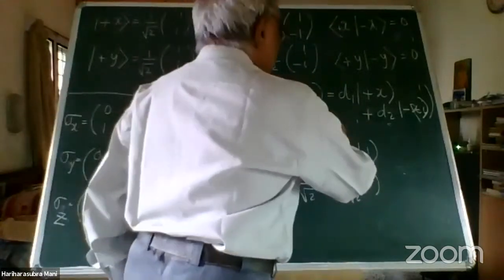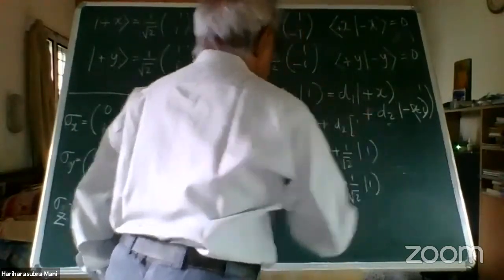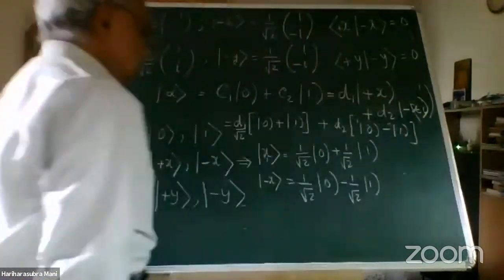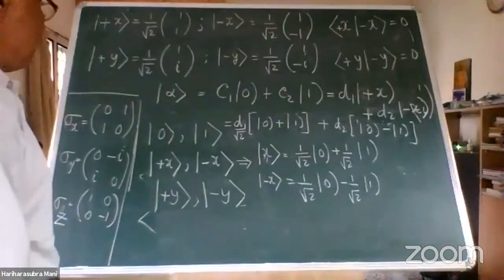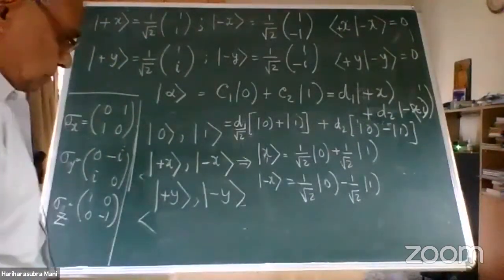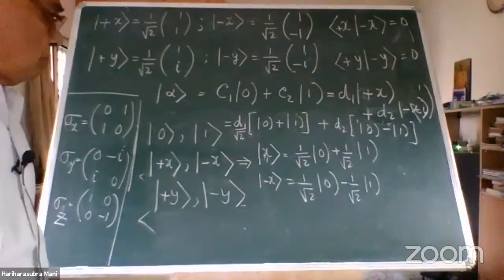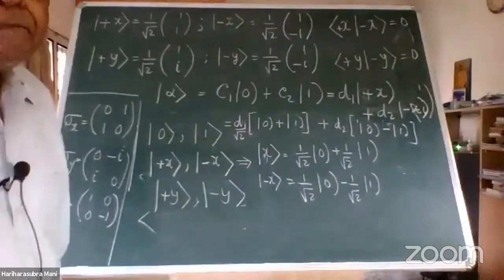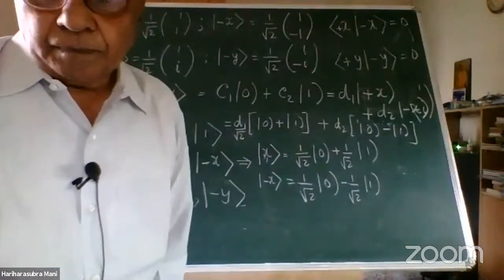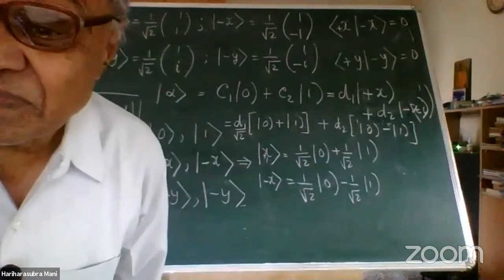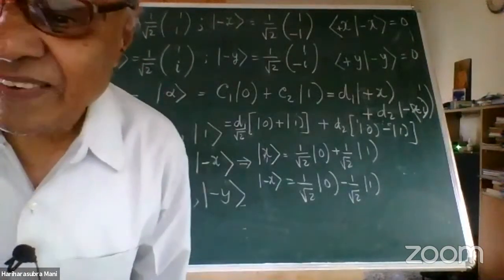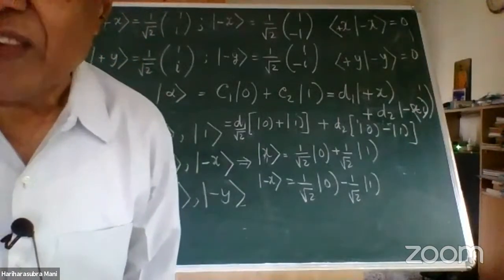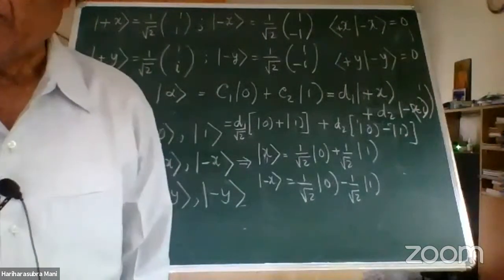So I will write that as plus d2 times 0 minus 1. Yes, somebody is asking whether this is the bra and ket notation. The answer is yes. It's the same notation which Professor Kapoor was also using.